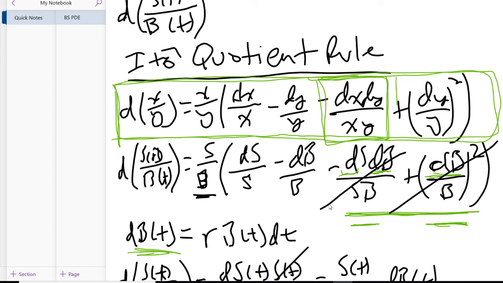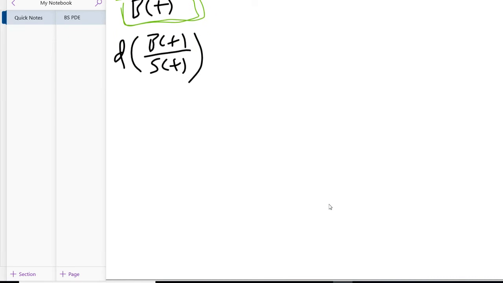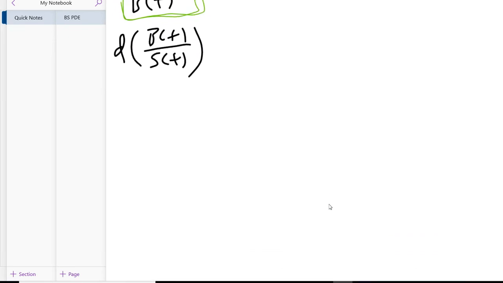We will have this term because in this case y is actually S, and the dynamics of S do have a Wiener increment squared, so that will remain. If you want to rigorously confirm all this yourself, go ahead, but I'm going to save a little time.